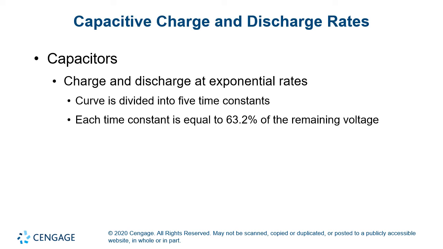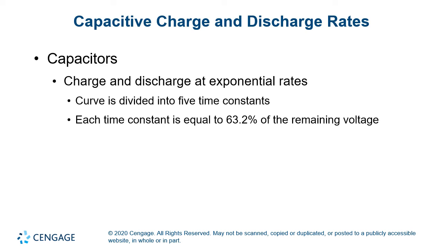Now, it turns out that it takes some time for capacitors to be charged and then discharged. Very similar to what we talked about with inductors, it follows an exponential curve. Similar to inductors again, we divide that curve into 5 time constants, and each of those time constants represents a change of about 2/3 of whatever the voltage that remains.